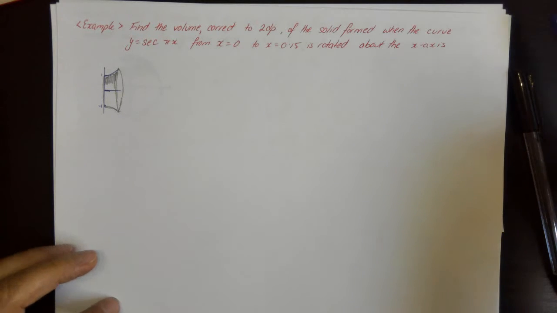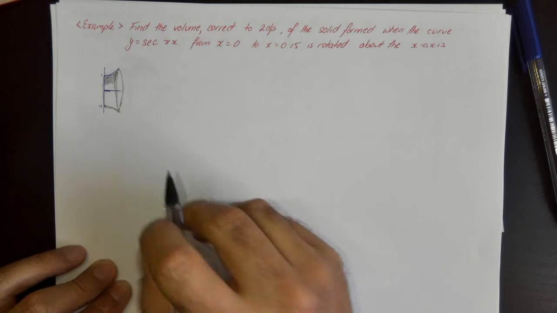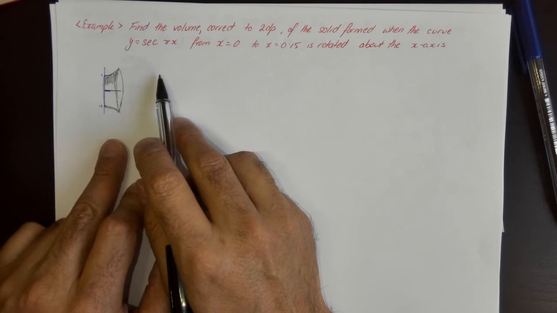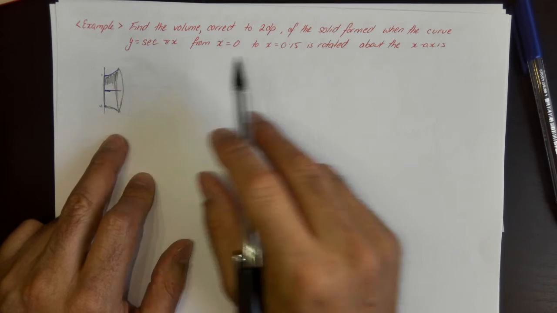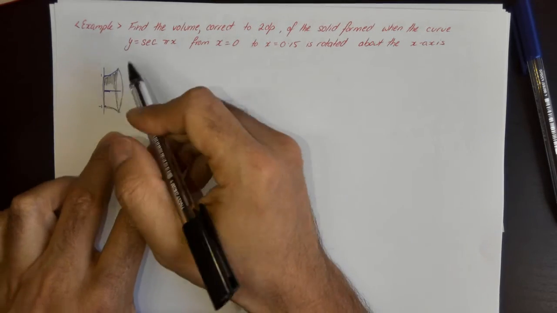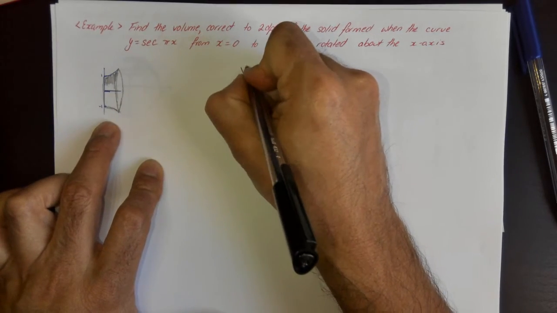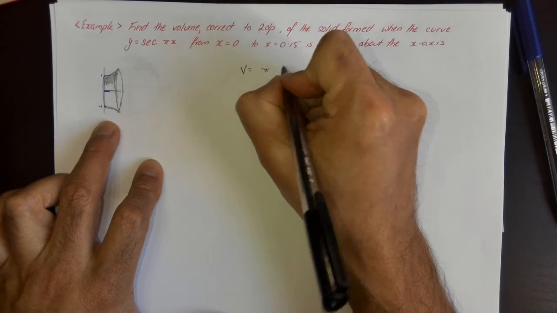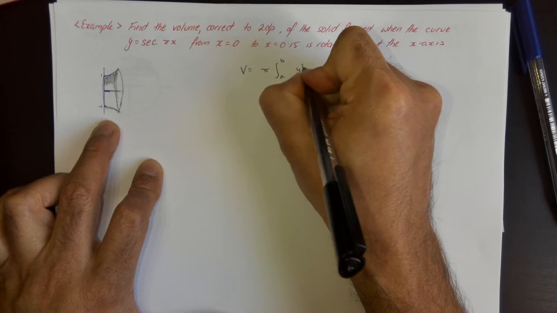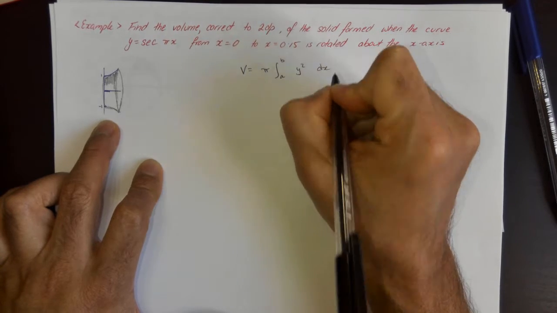Okay, another example. Find the volume correct to two decimal places of the solid formed when the curve y equals sec pi x is rotated about the x-axis from 0 to 0.15. So we're rotating about the x-axis. So remember, it's pi multiplied by the integral from a to b of y squared dx.